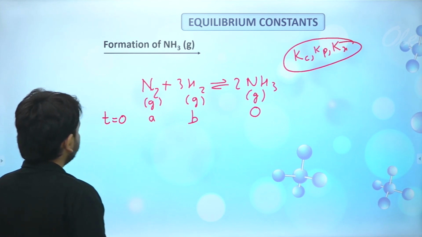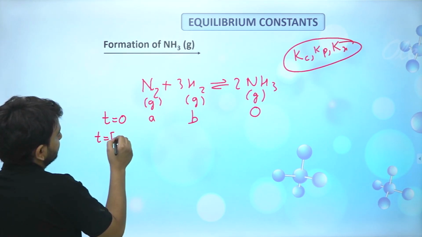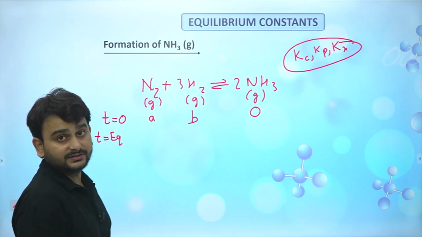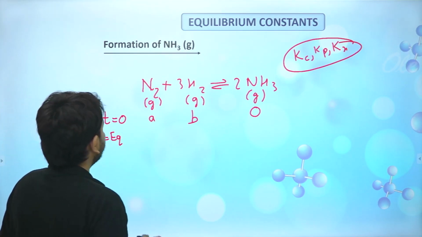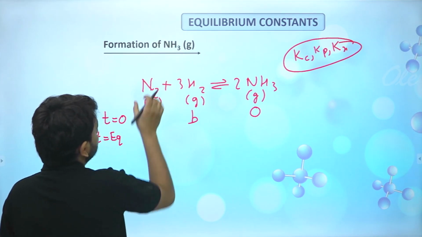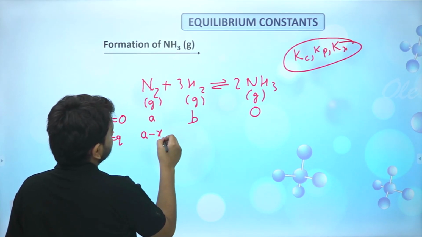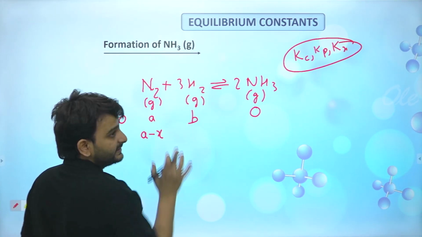Let's say at the time at which equilibrium is attained, X moles of N2 are consumed. So it will be A minus X.